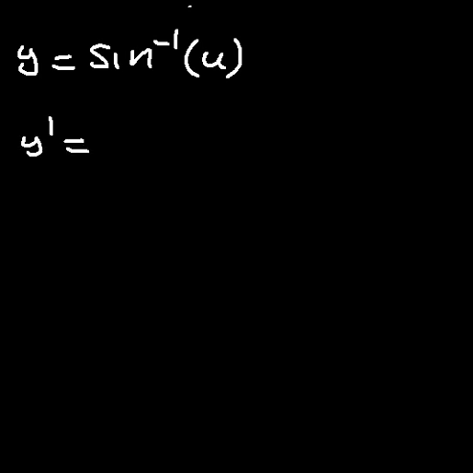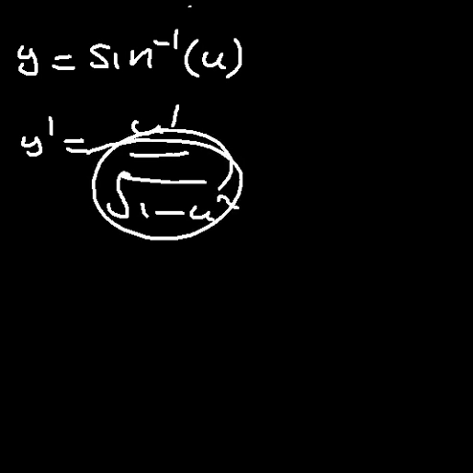Let's say we have a function y is equal to sine inverse of u. So what is y prime? Now it is given as u prime over the square root of 1 minus u square.